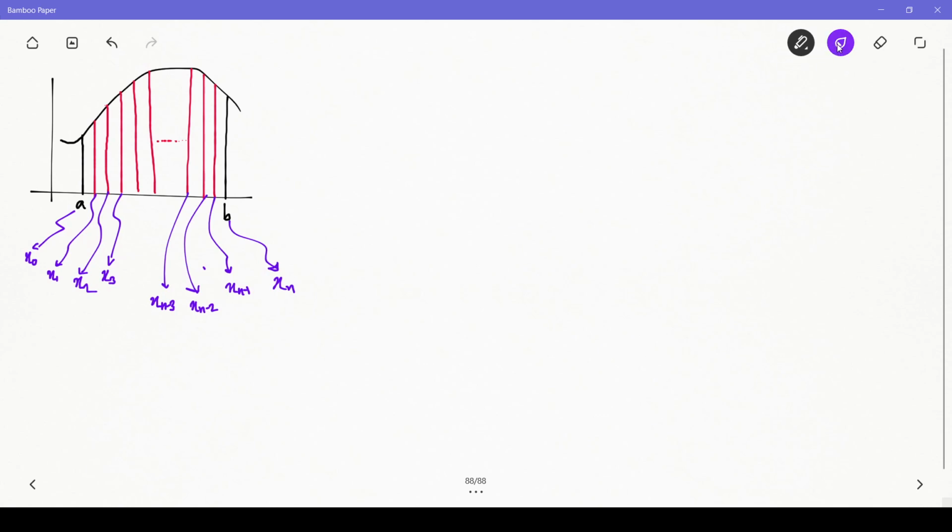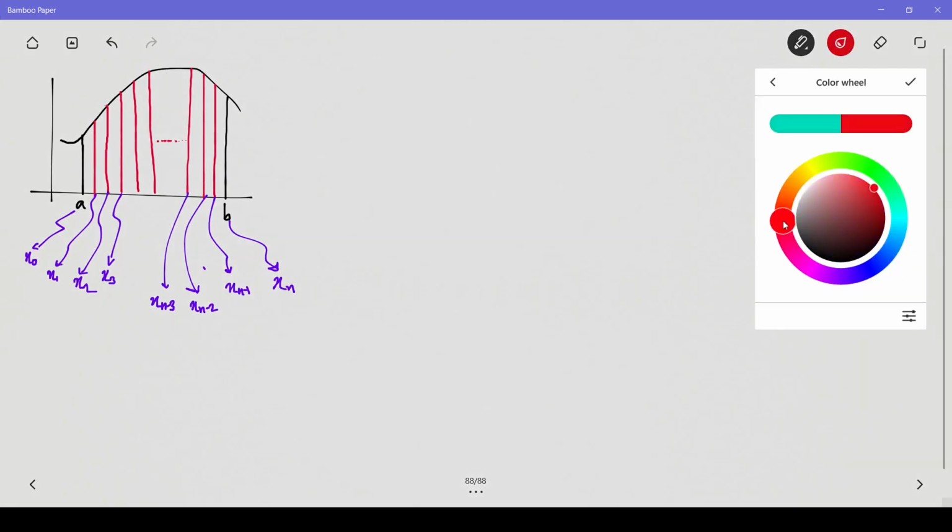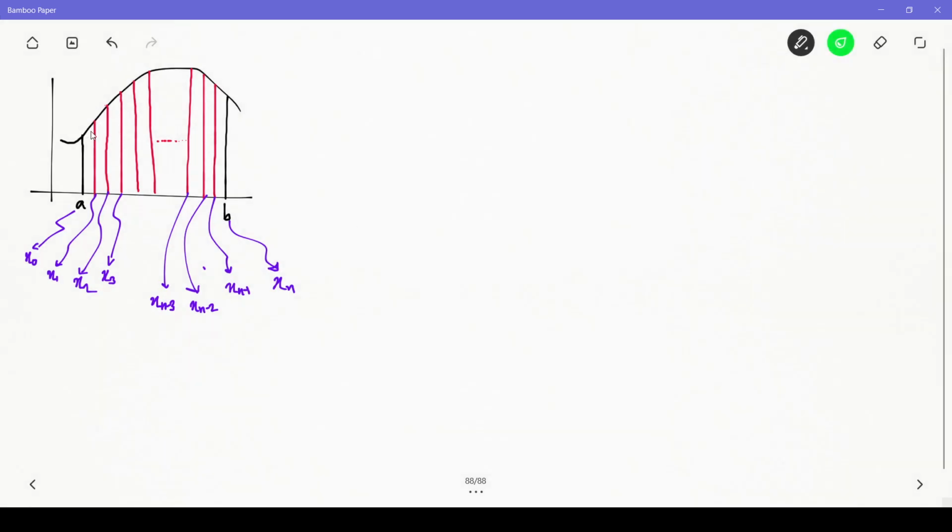So let's see how a single application of the Simpson's 3/8 rule will work. Since we are working with three consecutive segments, we'll first work with these three segments. For these, we need to consider this data point, this data point, this data point, and this data point. So we have four data points, and our target is to pass a third order polynomial through all of them.